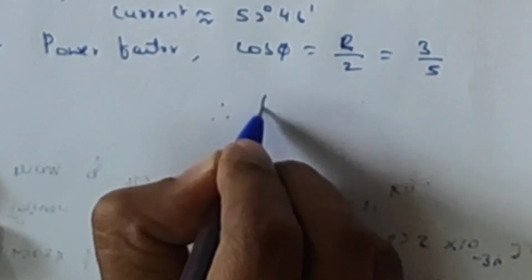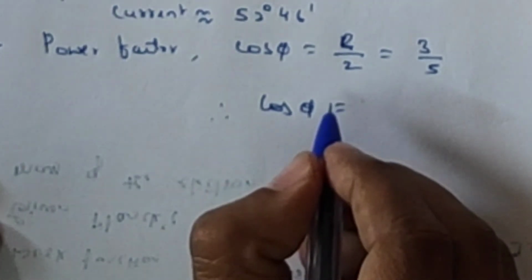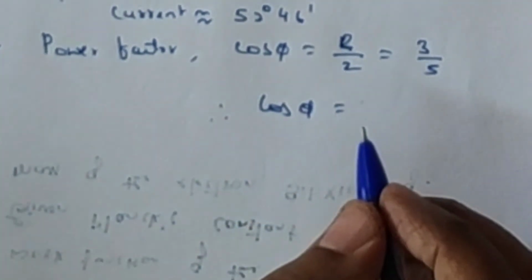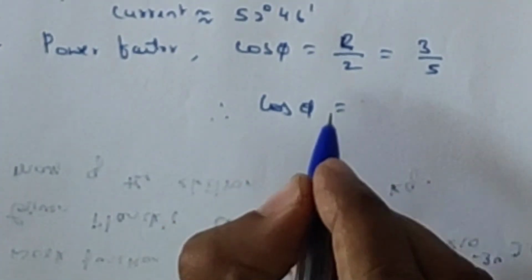Okay, so therefore cos phi equal to 3 by 5, 3 divided by 5.